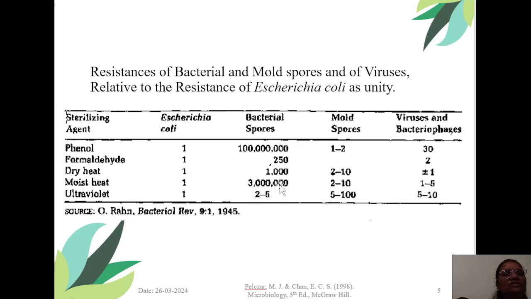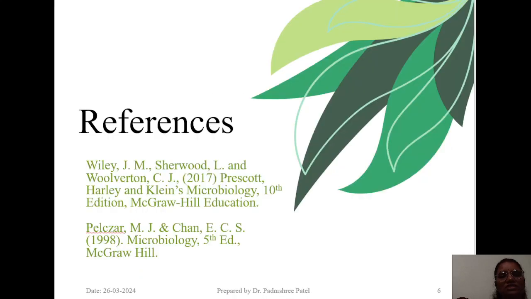So from this table we can understand that bacterial spores are the most resistant form of the structures encountered in nature and difficult to destroy. These are the references I have used for this presentation.